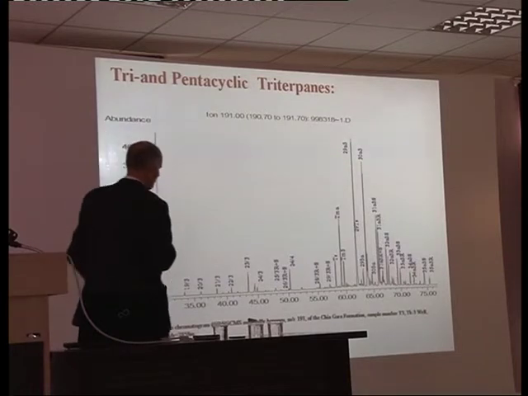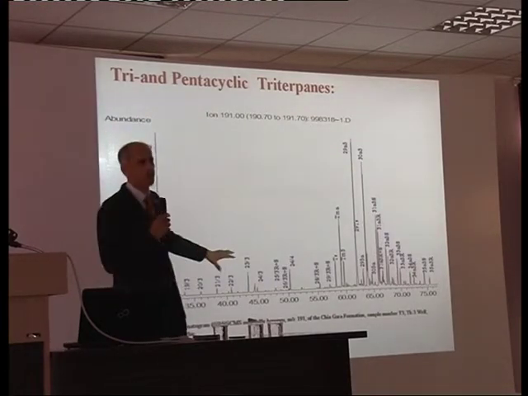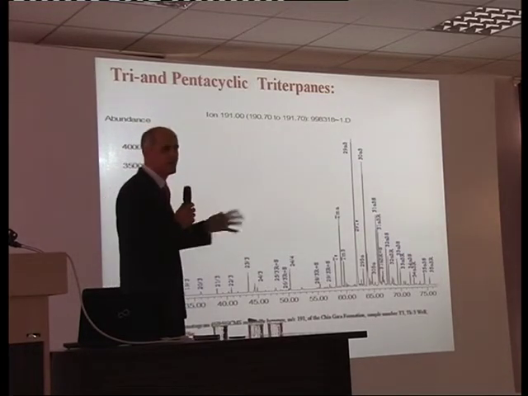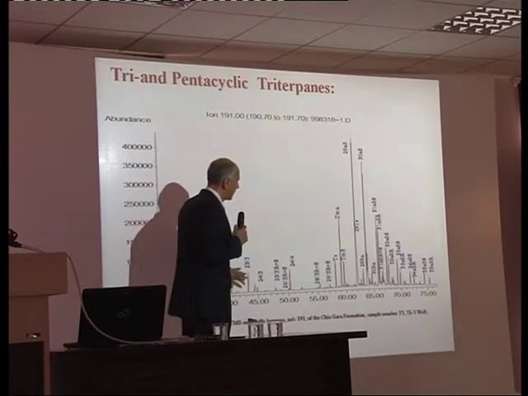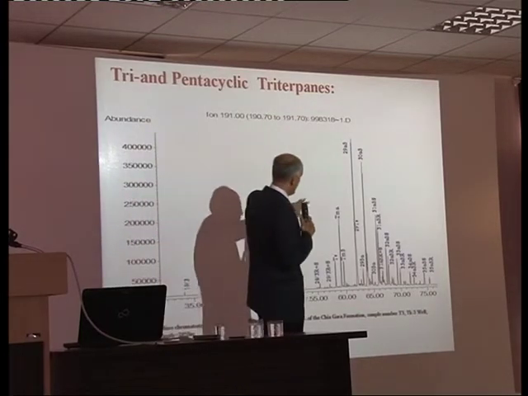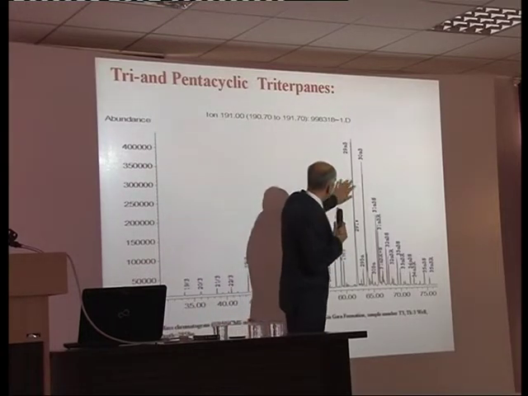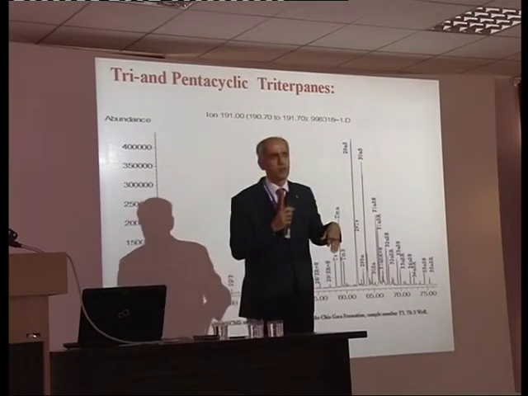Like the chromatogram here, we have the distribution of hopanes at m/z 191, where you can identify all the compounds from C30 alkyl beta and all the different isomers.